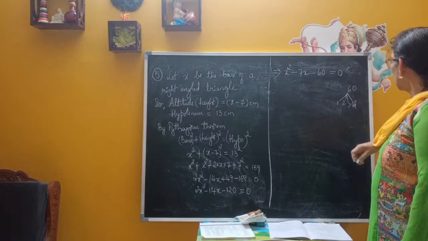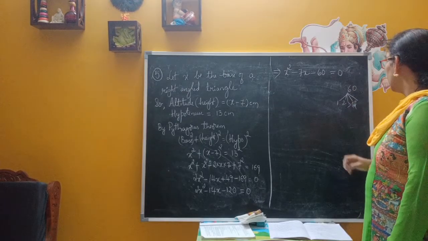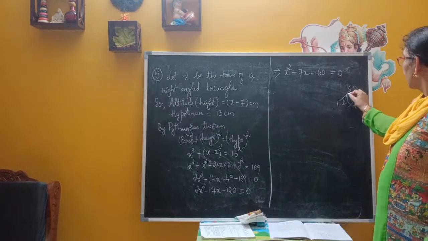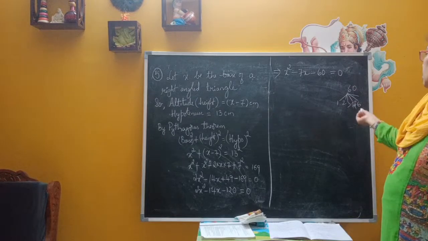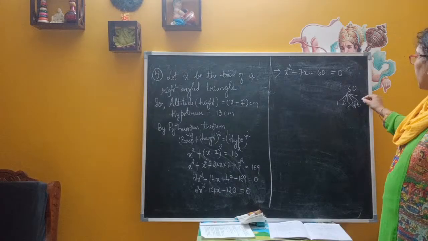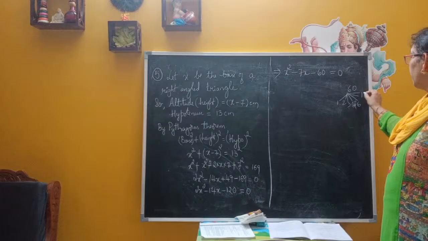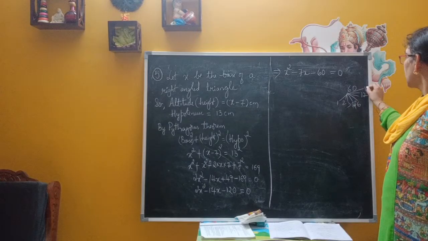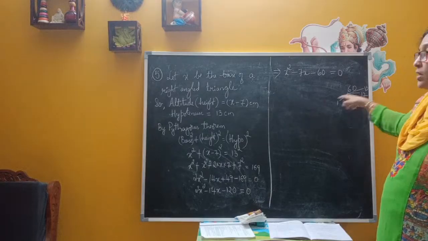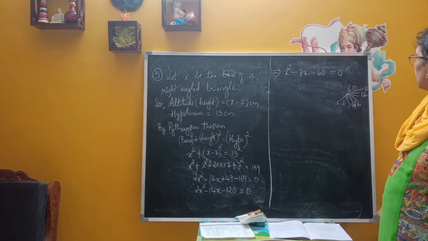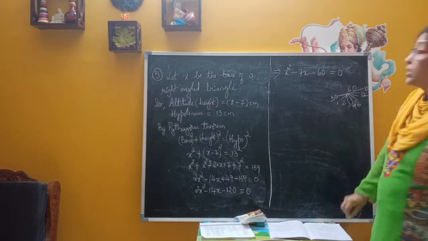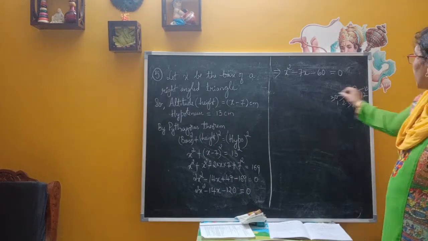Next 6 10s are 60. 8 is not possible, 9 also not possible. 12 5s are 60. Then 3 20s are 60, 2 30s are 60, 1 60 is 60. So these are the factors of 60.